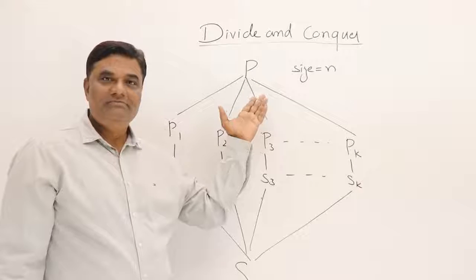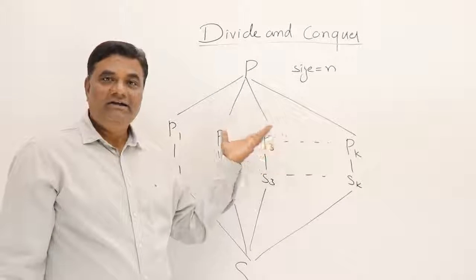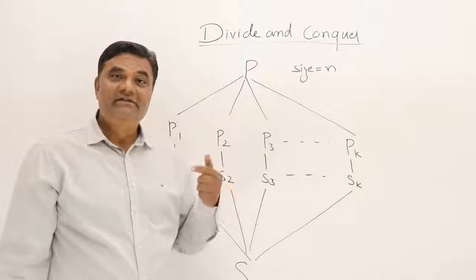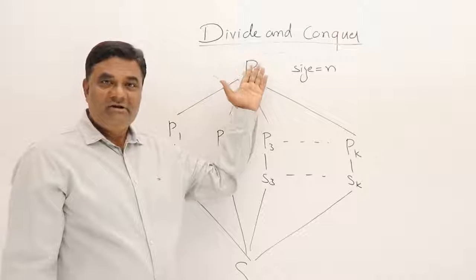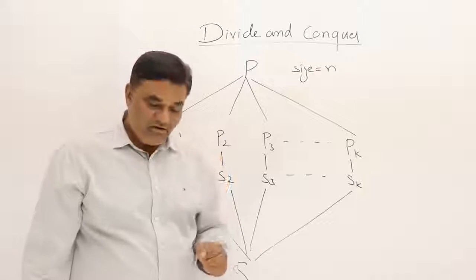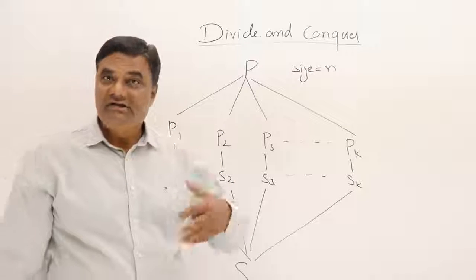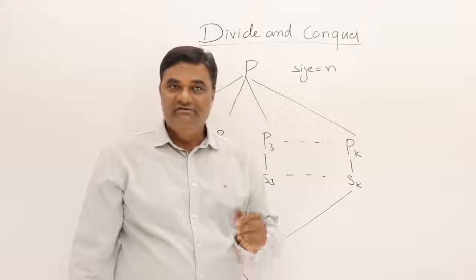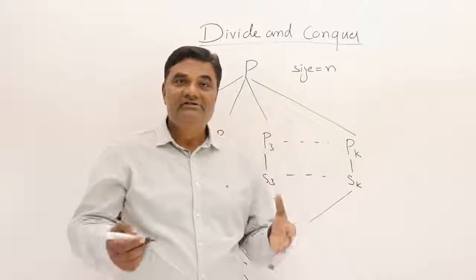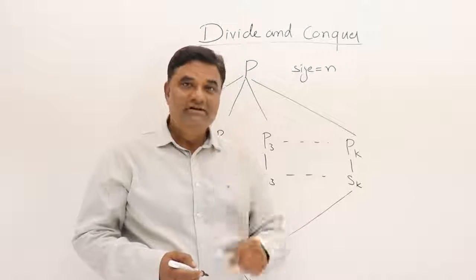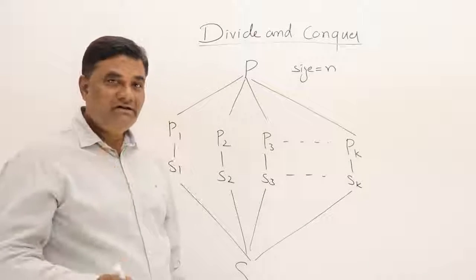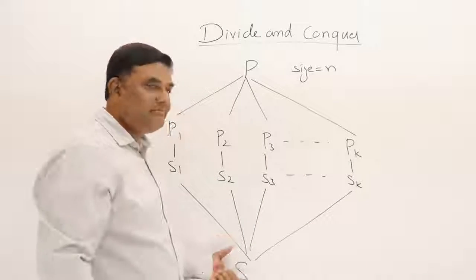So if a major problem cannot be solved, divide it, and those problems should also be the same. This is how it is recursive in nature. Like if this problem is sorting, then these problems are also sorting. So when you write a divide and conquer algorithm, or take it as a strategy, it will be recursive. If it is too big, recursively solve it. And one important thing is, when you have broken the problem into sub-problems, you should have some method for combining their solutions to get the main solution.